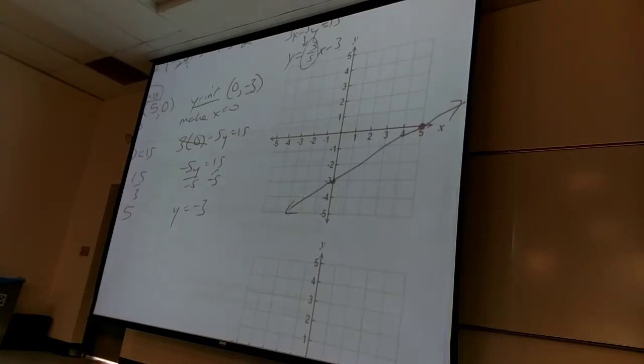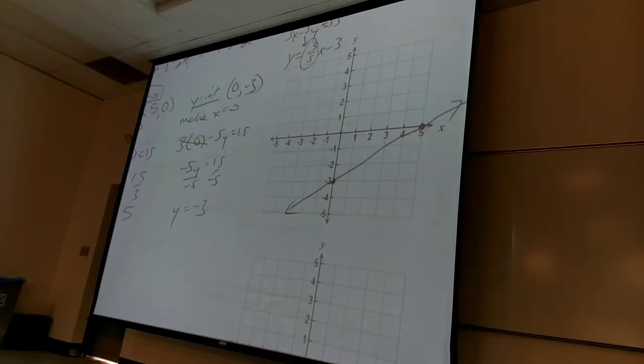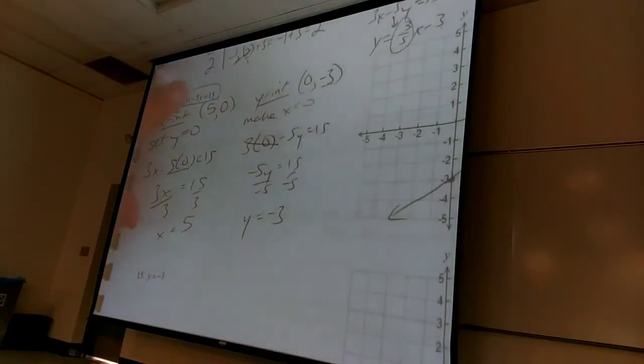Yes, ma'am. I still don't understand how do we know not to put it in the y equals mx plus b? Again. Okay, let me try this again. We just did. And then I showed you that if you did that, you get the same line. My only point was, it's set up. In fact, I took too long to do that. Hopefully a lot of you can do this. If you're finding the intercepts, you divide by negative 5, y is negative 3.